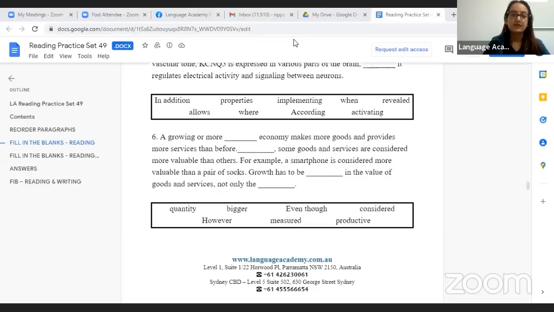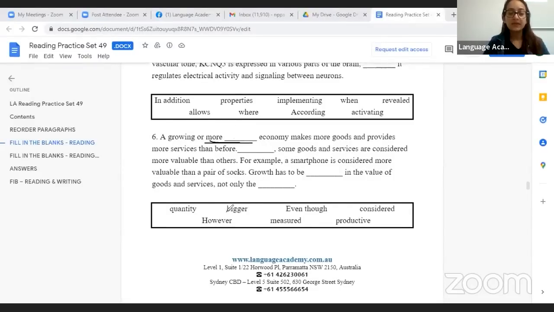Let's discuss the answers. A growing or more dash economy makes more goods and services. No. A growing or more dash economy makes more goods and provides more services than before. So more is already written. That means this is the second form of verb. But when you already have the word more or most written, then we cannot change the word itself.